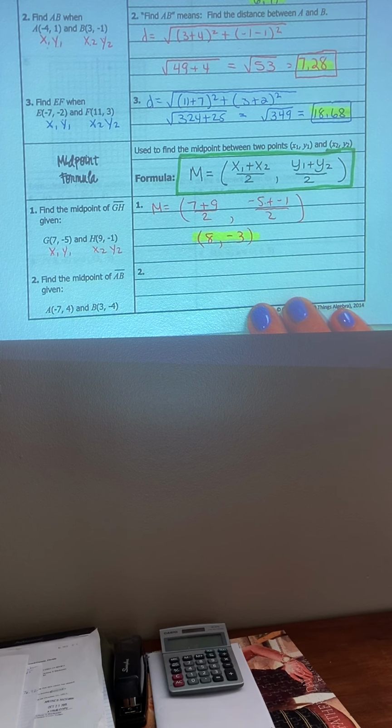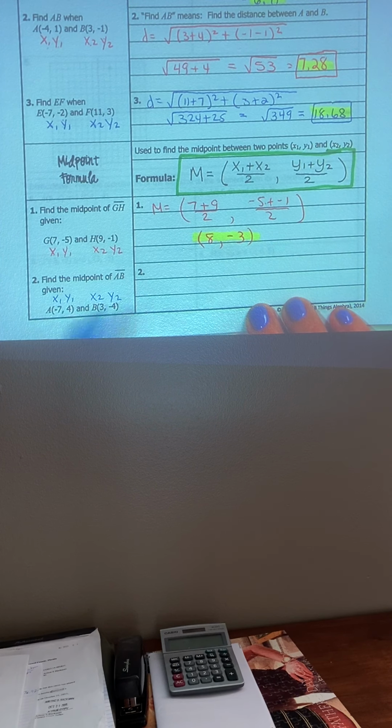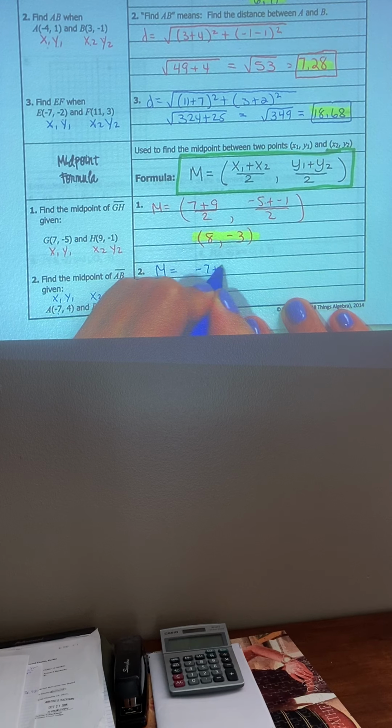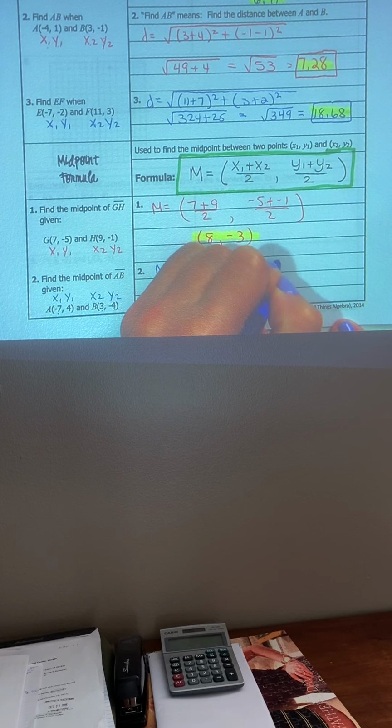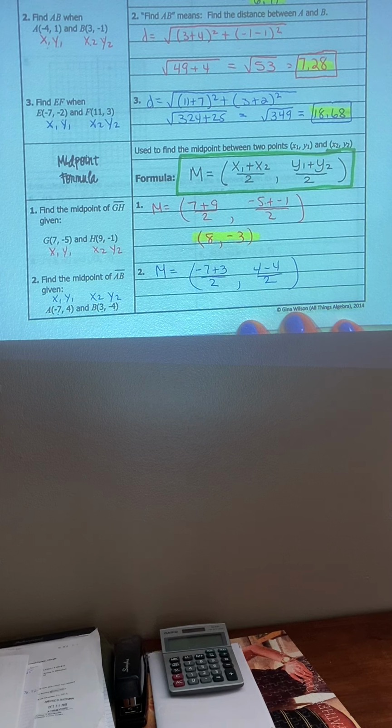Okay, next. This is super simple. x1, y1, x2, y2. We have negative 7 plus 3 over 2. And then 4 minus 4 over 2. Okay, now the only kicker here, this is negative 7 plus 3.